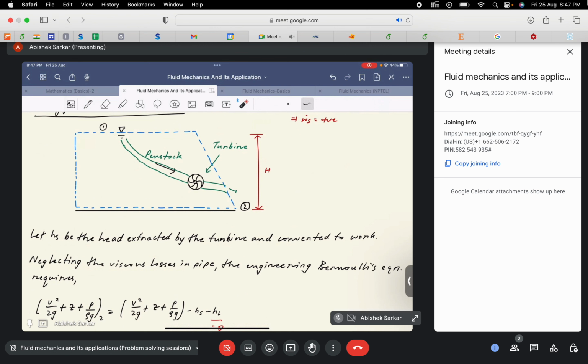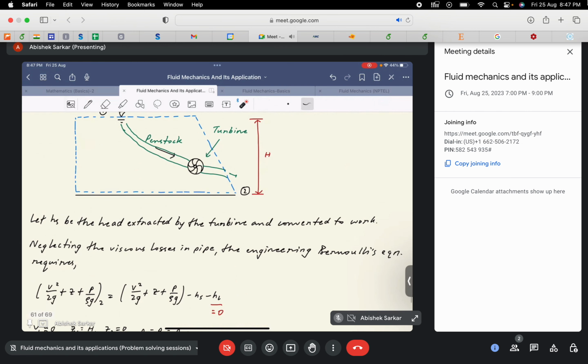The engineering boundary equation, or the modified boundary equation, can be written as V square by 2g plus z plus p by rho g at point 2 is equal to V square by 2g plus z plus p by rho g at point 1 minus hs and minus hl. So this will be equal to 0.